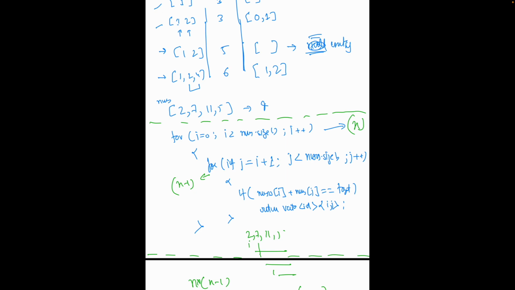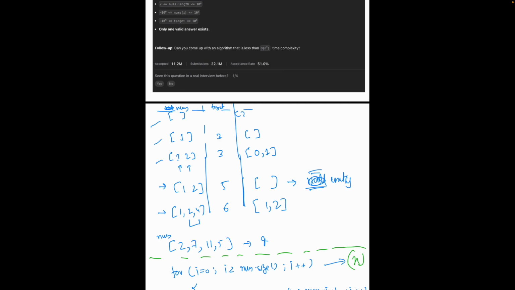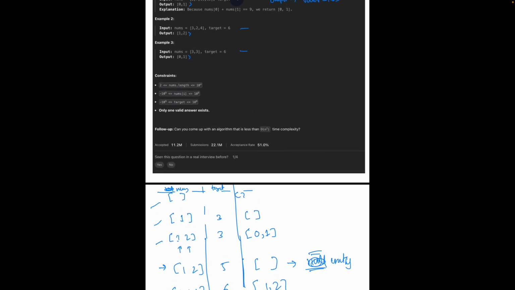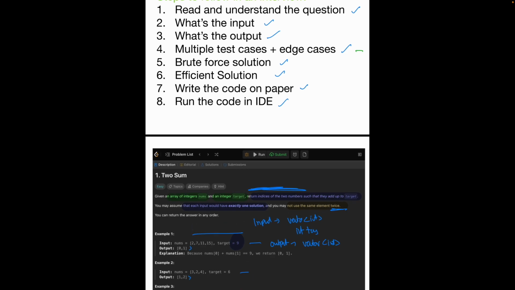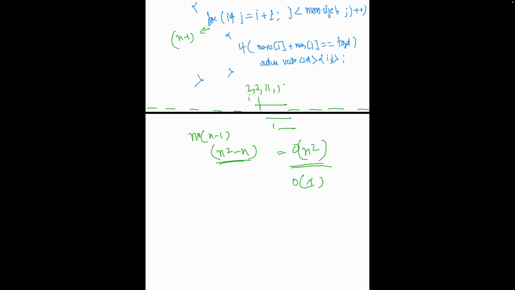Now, once you have done this and mentioned this to your interviewer, the next thing you want to do is an efficient solution. So what do I mean? Brute force gives us big O of n squared, so you have to do better than this.